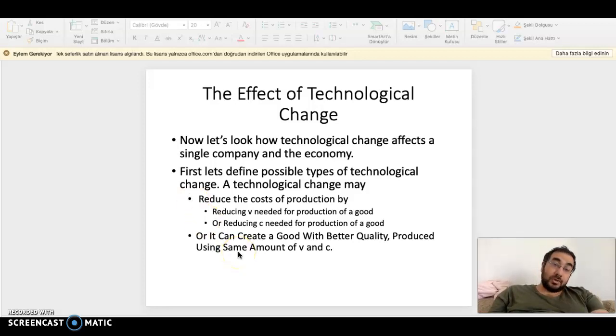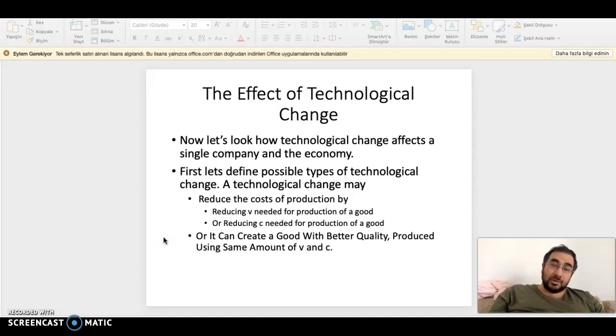As a hint, reducing the labor amount, making the labor more productive is usually the thing that is very much expressed when people are talking about the improvement or development of technology, basically. But we will see which one the companies will choose in the capital accumulation part, as I told you before.